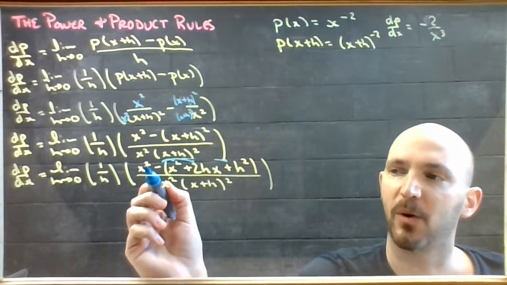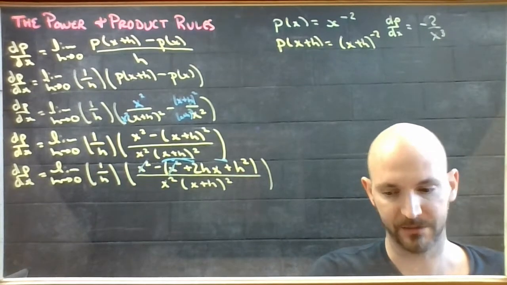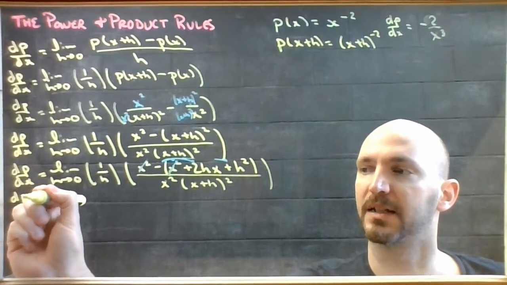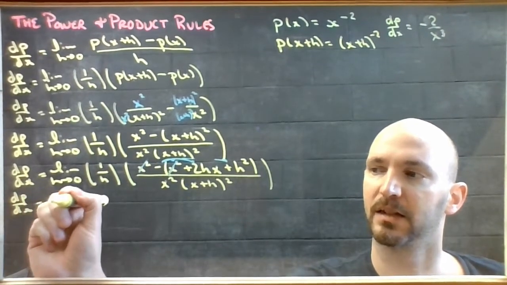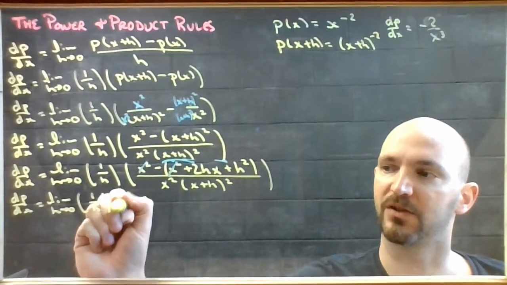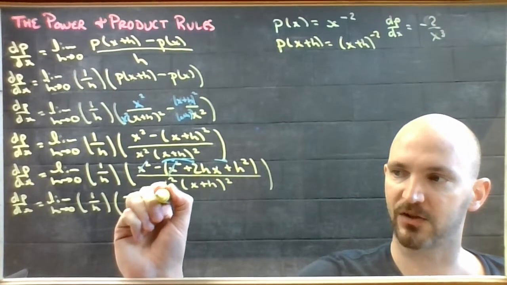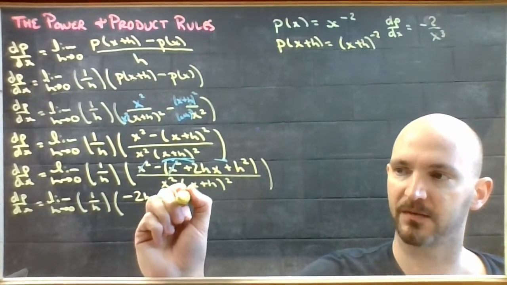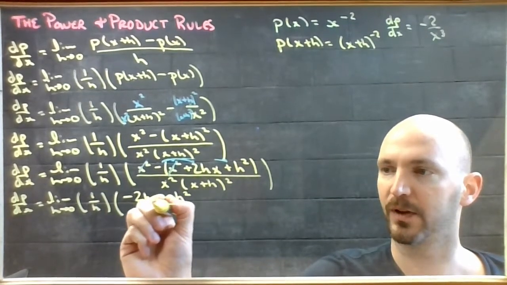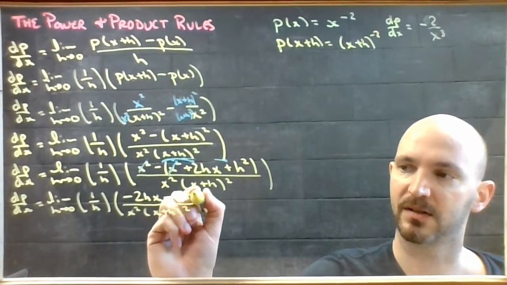And so I'm going to end up with my x squared subtract an x squared. So good, they're gone. My next line then, dp by dx is the limit as h goes to 0 of 1 over h, I have negative 2hx minus h squared, because that negative went on here and here, over x squared x plus h squared.